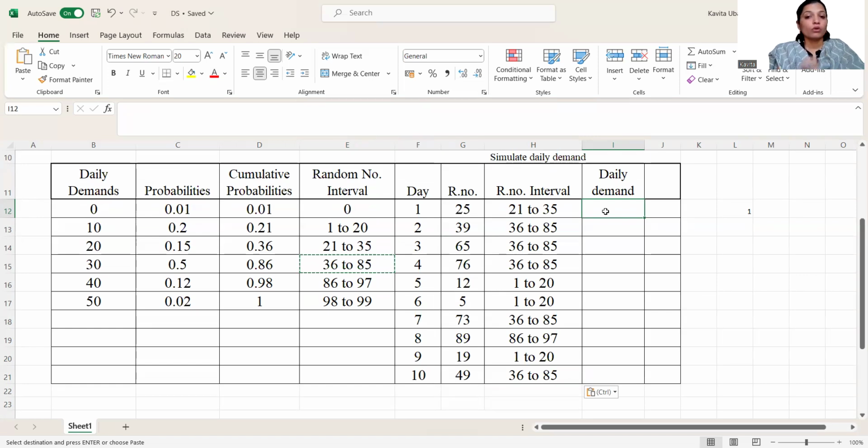intervals. Now come to the calculation of daily demand, how we can simulate daily demand. Your random number interval is 21 to 35 here.